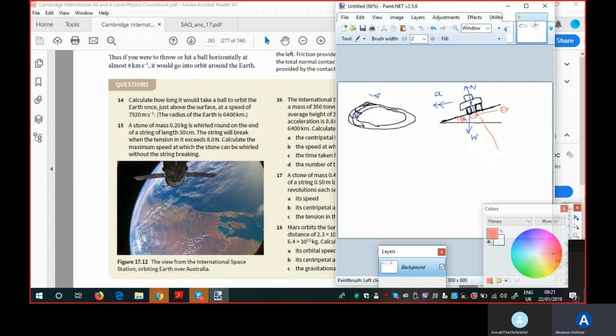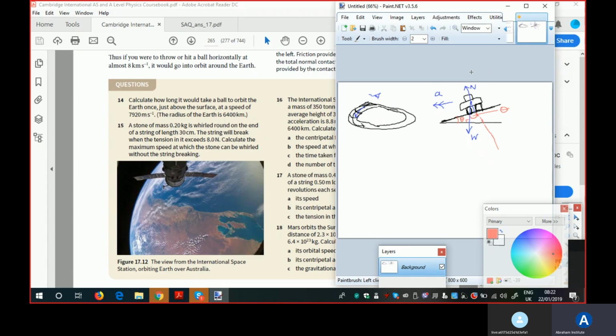Then again, the angle between this and this is also 90, so again you do 90 minus that. That's why this angle is equal to this one. In M1 you have plenty of questions like this. So if you want to find the component of the weight down the plane, sorry, rather perpendicular.